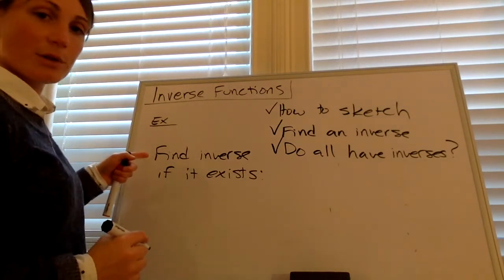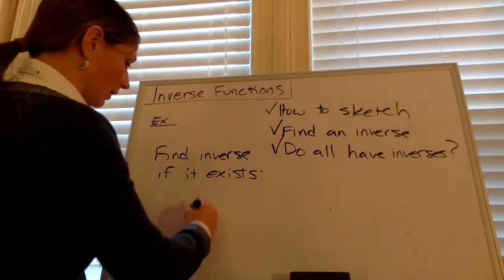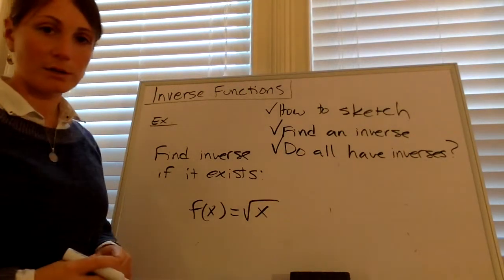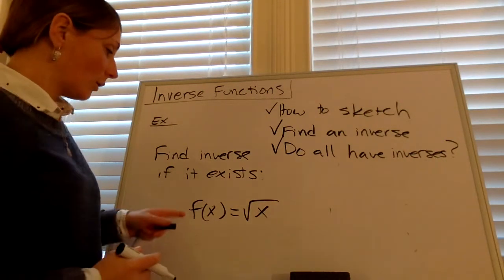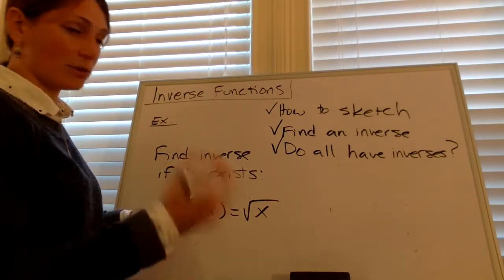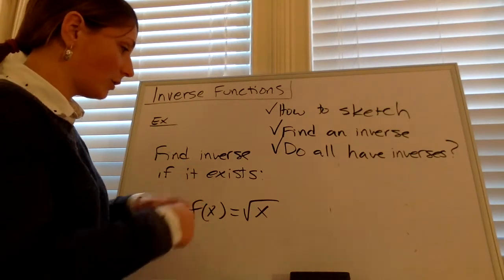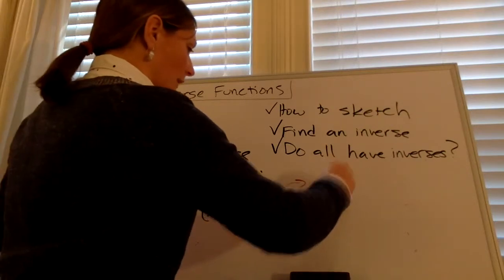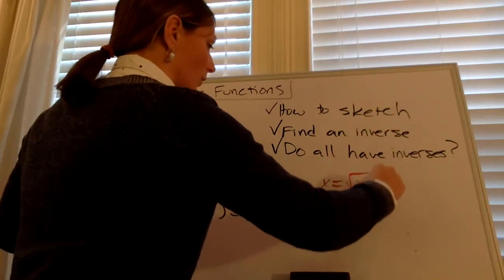Okay. So, let's take an example like this. Find the inverse if it exists. All right, let's take this example here. F of x equals root x. Okay. Root x, if I just set about finding its inverse, I would do this. I would say x equals the square root of y.